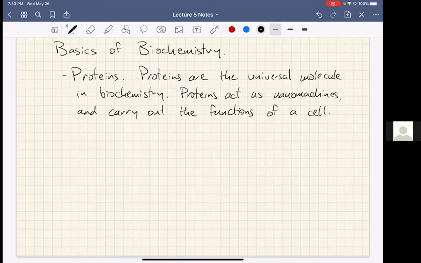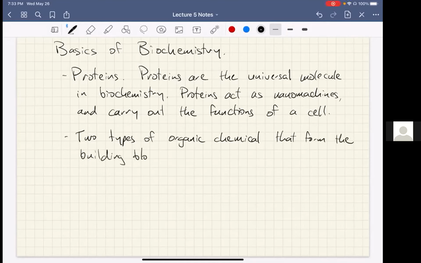And to talk about that, first we're going to talk about two types of organic chemical that form the building blocks of proteins.